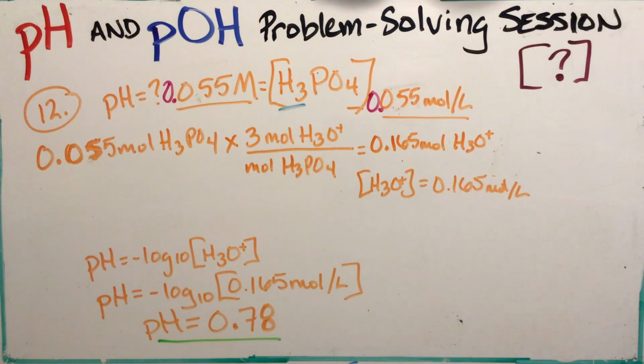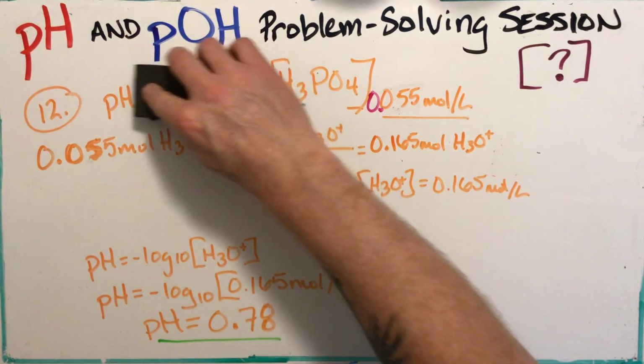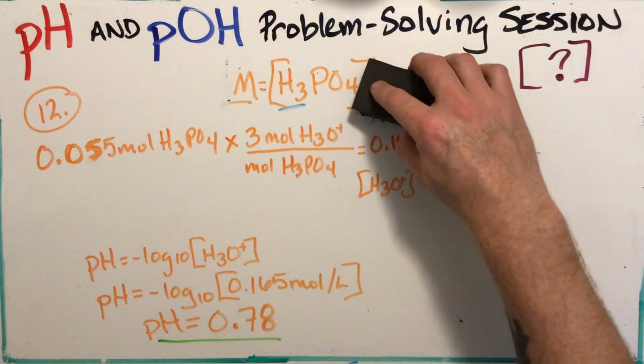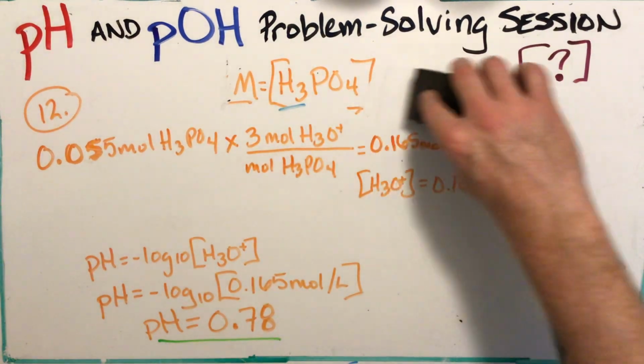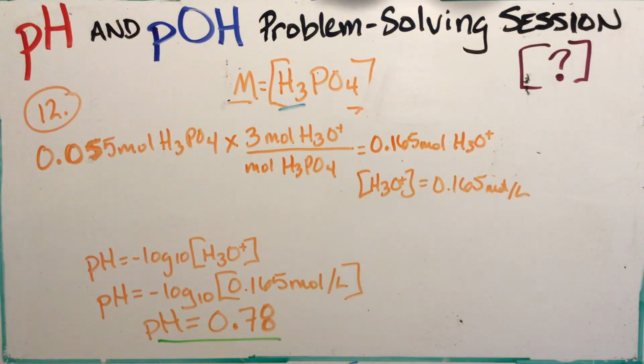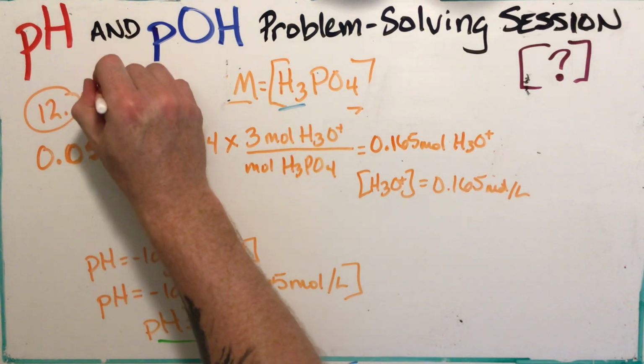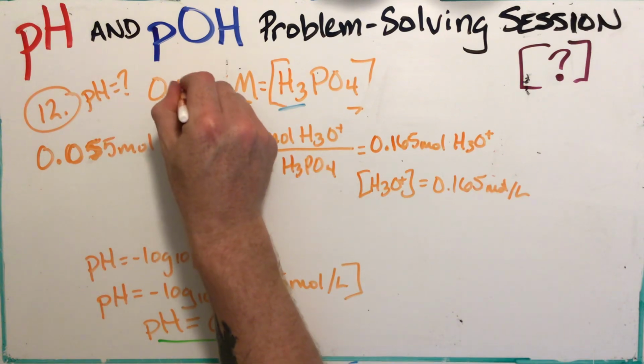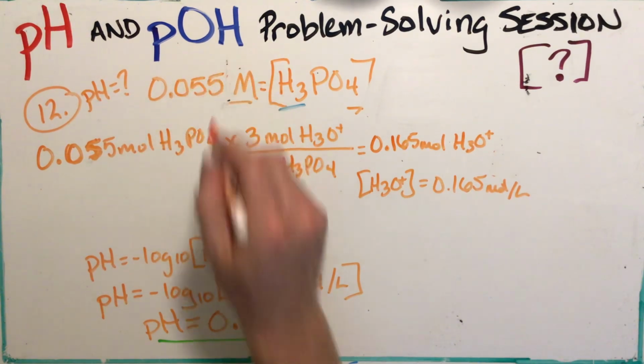So sorry about that. Again, I had messed up with this original value. I'll rewrite it at the top here. So we were looking for pH, and the value given was 0.055 molar.